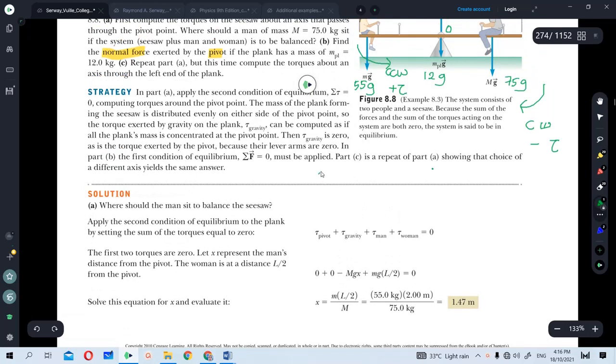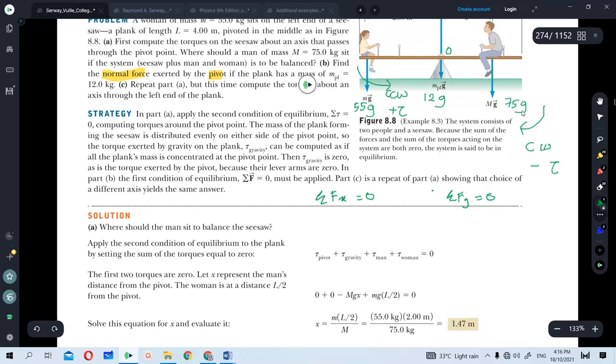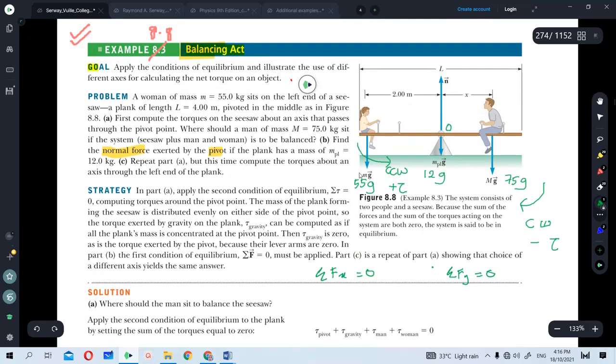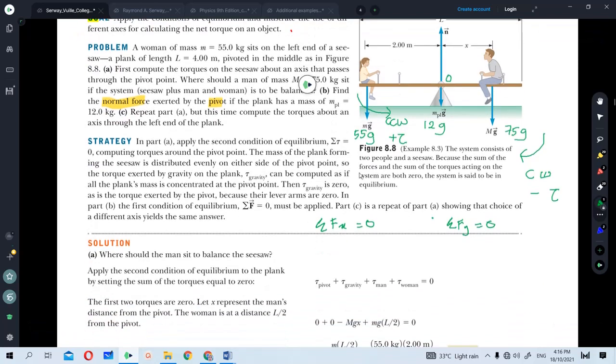The first one, let's start with the sum of forces in x equivalent to 0, and in the y direction as well, simultaneously. Now, observe the figure. Do you see any forces in the x direction? None. So we are not going to use this.